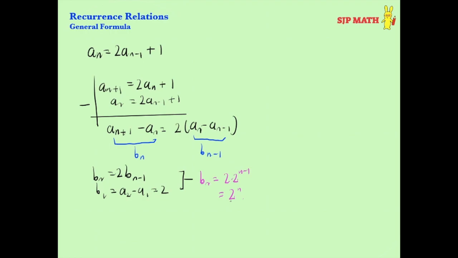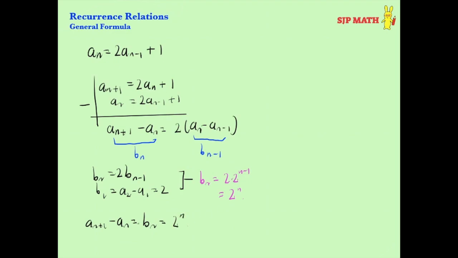So if we just plug that in there, we get that an plus 1 minus an is just equal to Bn, as we showed before, which is equal to 2 to the n.